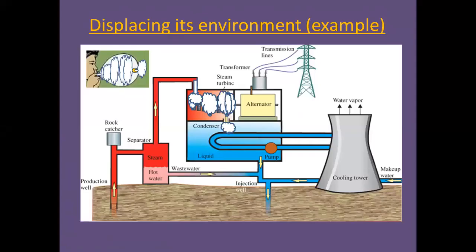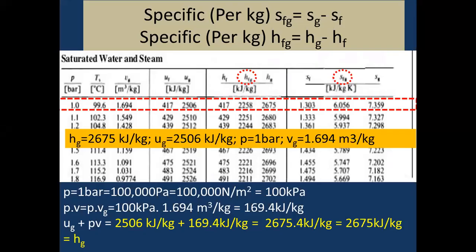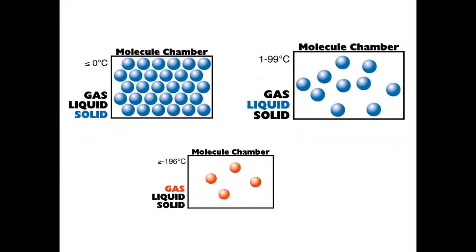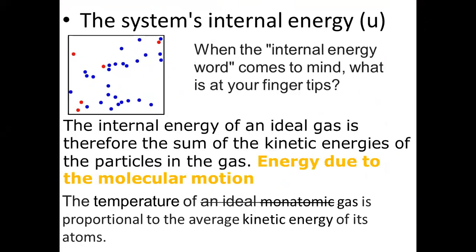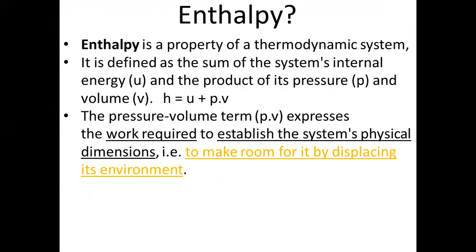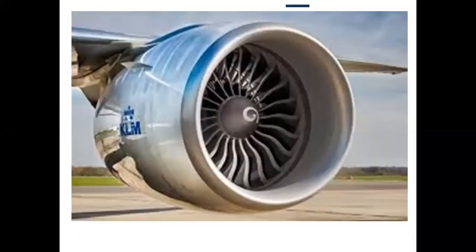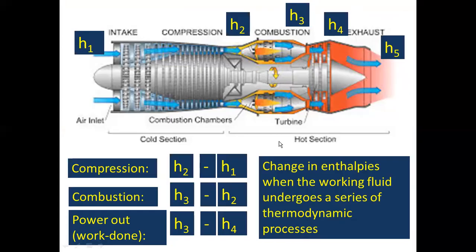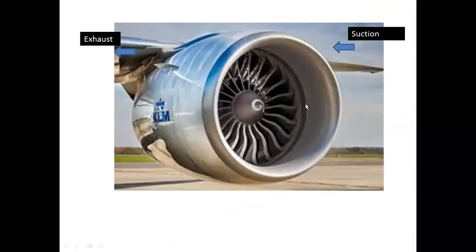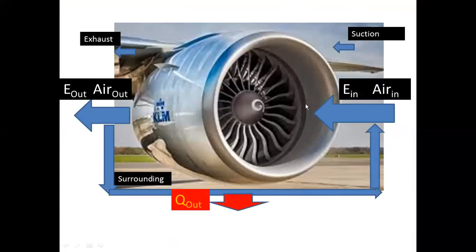We learned about the flow works as well as the enthalpy definitions, and also we learned about internal energy. And other than the enthalpy and internal energy, we looked into this turbine engine. So lesson 4, we ended up with this understanding. We have done a lot on the cycle as well.